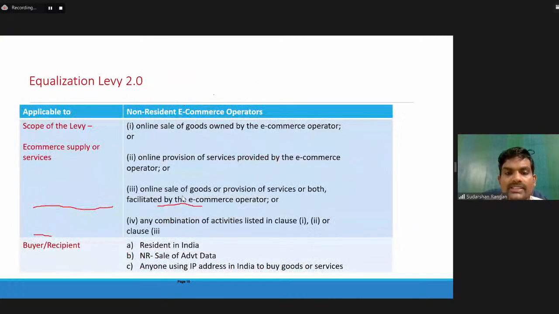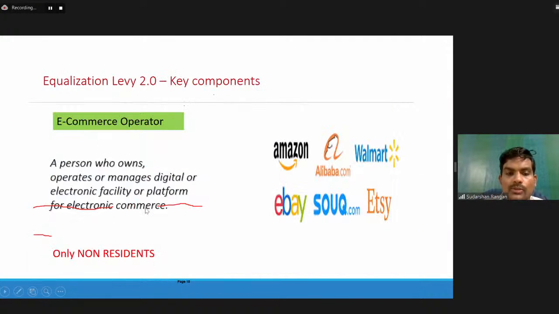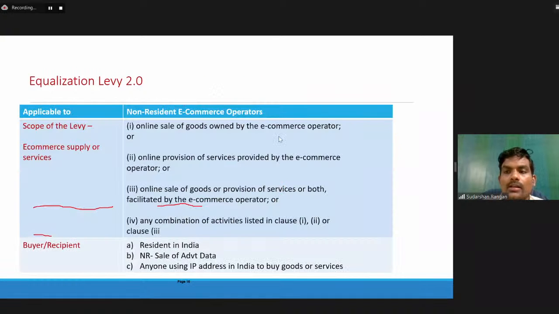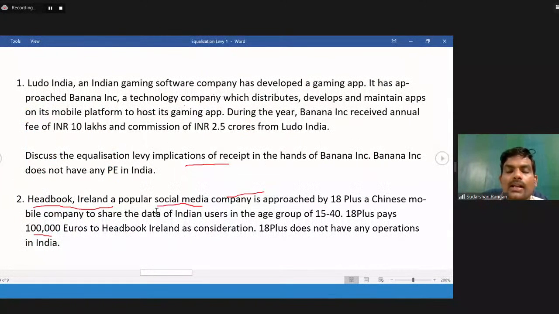Let's assume it is an e-commerce operator because it owns an electronic facility. Provision of services may trigger because Facebook sells data, so there is a service being provided. Hence they come under non-resident e-commerce operator providing e-commerce supply or services. The service is sharing of data.